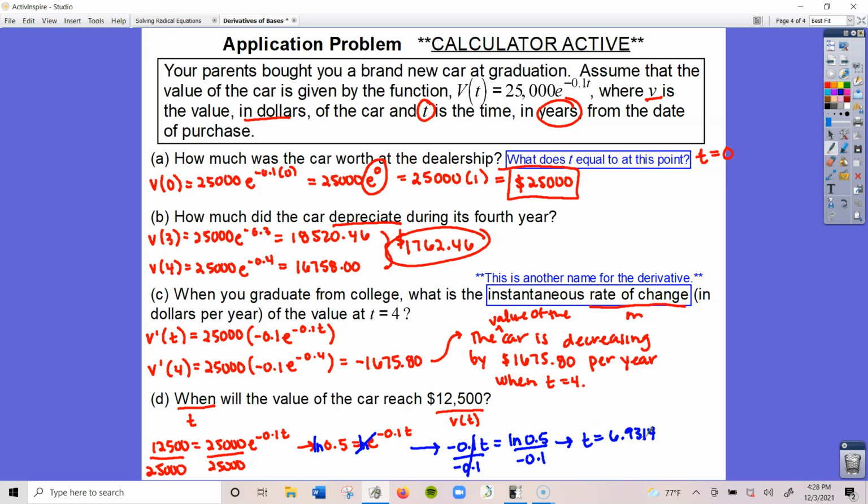So what this means is that the value of the car is going to reach 12,500 during its 7th year. So in 7 years. And that's our lesson on derivatives of bases other than e. Even though we did this word problem with e, just wanted to review that.